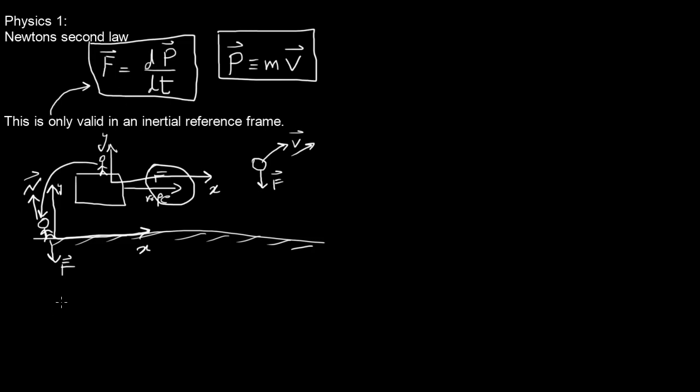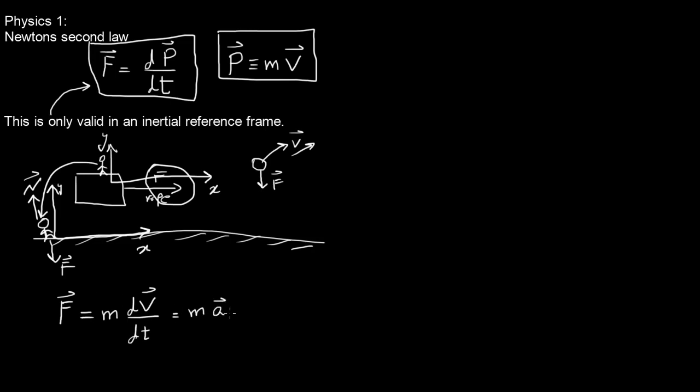So for most of these cases, I can write F, the force, equals m dV/dt. And you just need to remember the previous videos where I defined this as the acceleration. So it's m times a.